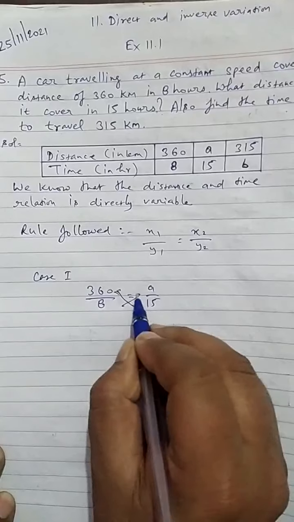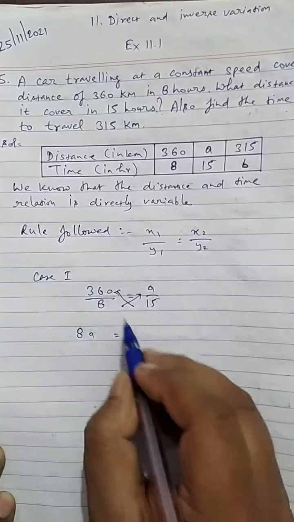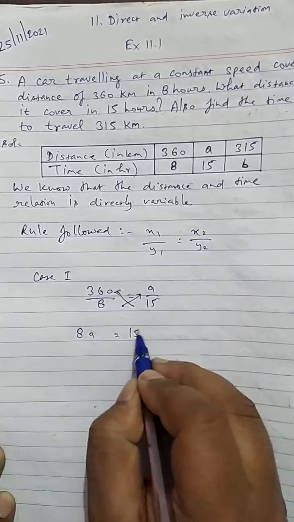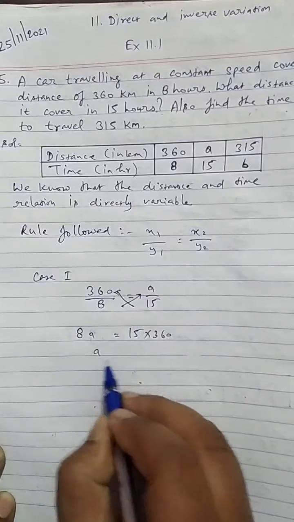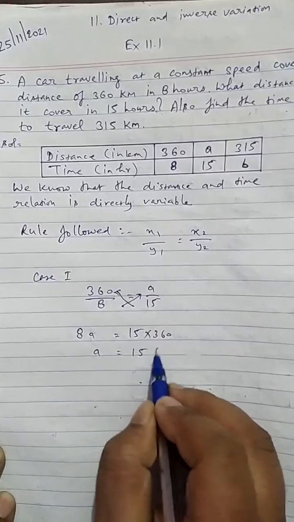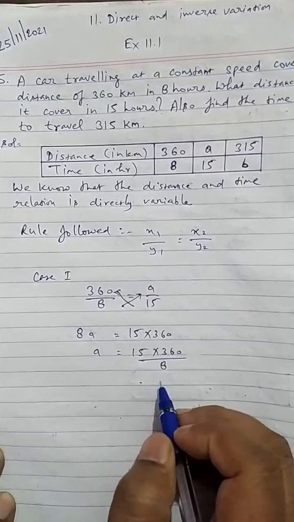Now we'll cross multiply it. On cross multiplying we get 8a equals 15 into 360. Now a is 15 into 360 upon 8.